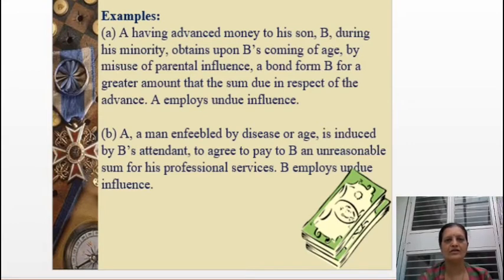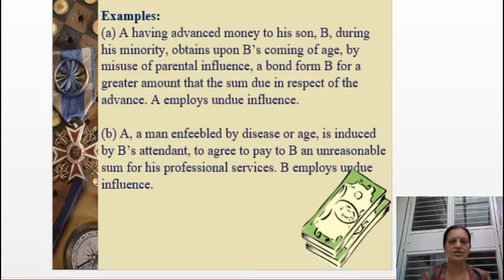Example. So let us discuss an example. A, having advanced money to his son B during his minority, obtains upon B's coming of age, by misuse of parental influence, a bond from B for a greater amount than the sum due in respect of the advance. A employs undue influence.